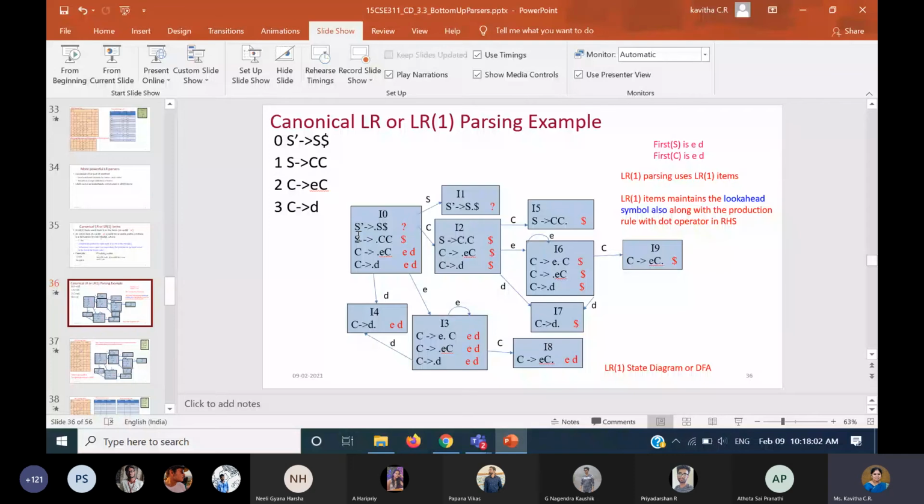Whenever I take a transition from I0 to I2, I didn't change the lookahead symbol. Only the dot is moved. So in the first rule, only the dot is moved and the same lookahead symbol is taken. But here the same lookahead symbol is repeated, that's why you don't see the difference. When I take a different example, you will understand better. I have a very good example later. When I teach that, you'll be clear.